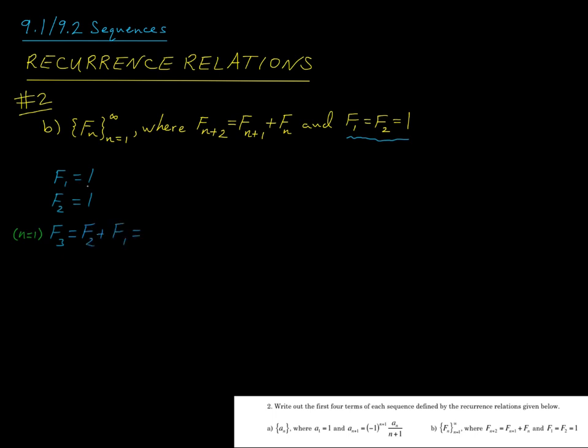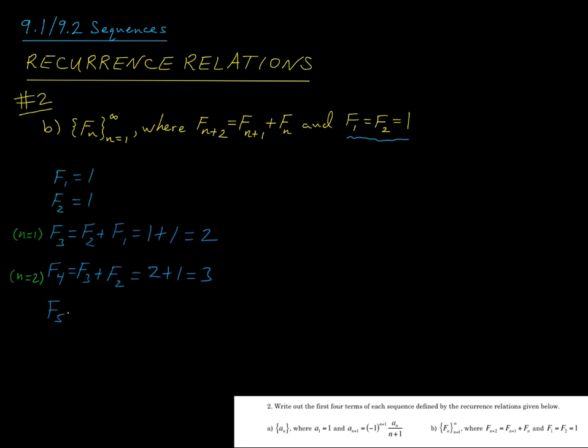And we're given both of these are equal to 1, so 1 and 1 is 2. Now we're just going to repeat this. To build f4, we're going to plug in n = 2 into the recipe, and that's going to give us that f4 is f3 plus f2. So I'm just adding these two previous terms: 2 plus 1 is 3.